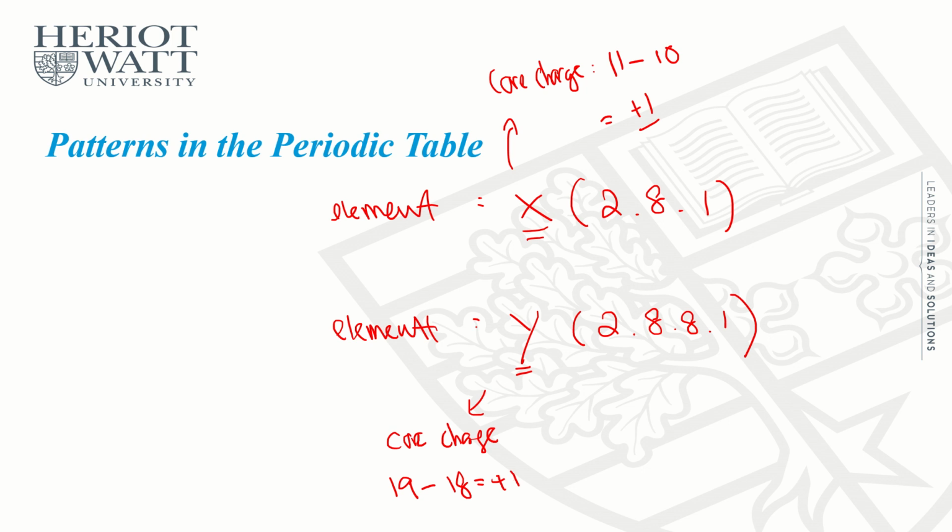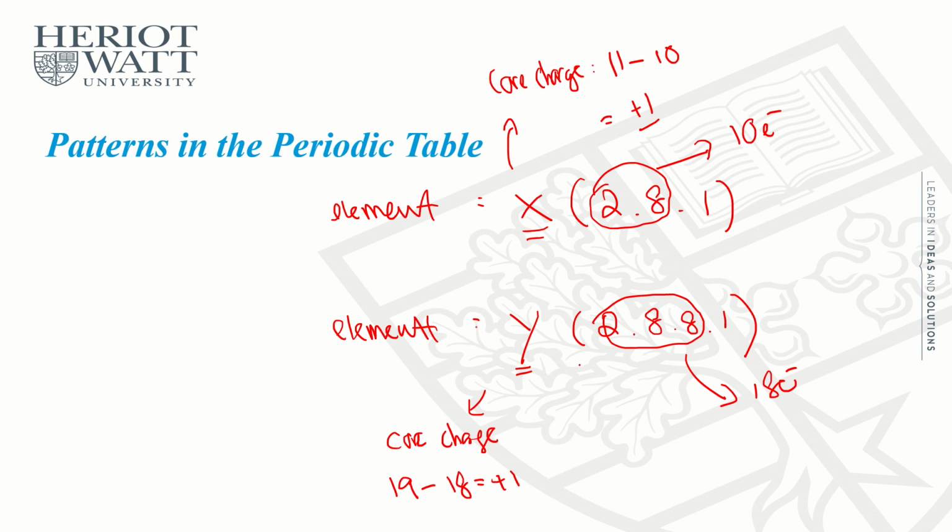So next we're going to check the shielding effect. What is the shielding effect here? The internal electrons. How many internal electrons do I have for X? 10 electrons. And how many for Y? The internal ones, except the valence, I have 18 electrons. So which one gives you a higher shielding effect?